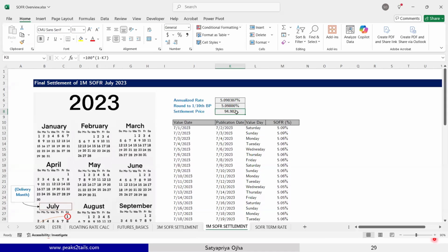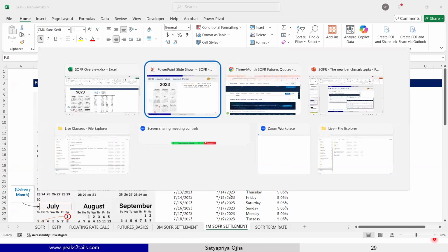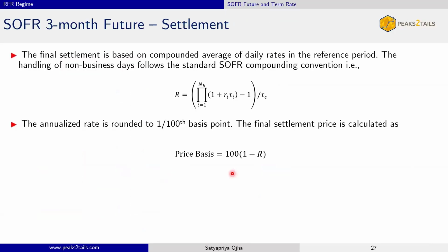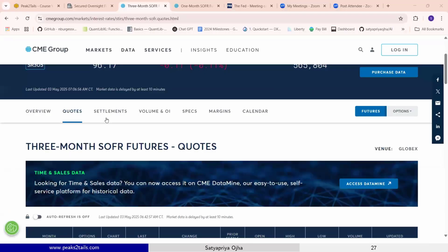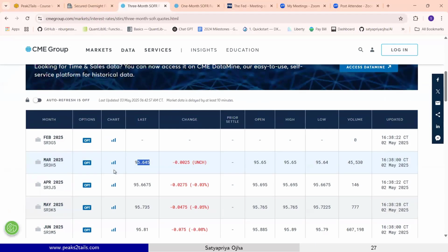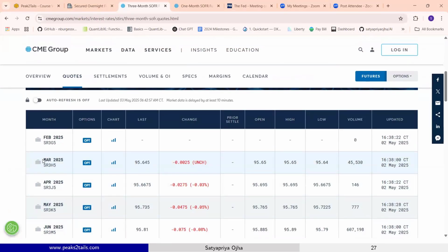There's a question: can you repeat the expected part, T2? Okay, let me give it one more shot. Actually, it's probably easier to understand from the actual data. Look at this. The March future spans from the 3rd Wednesday of March to the 3rd Wednesday of June.